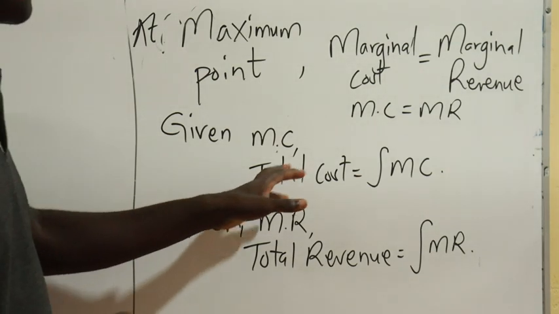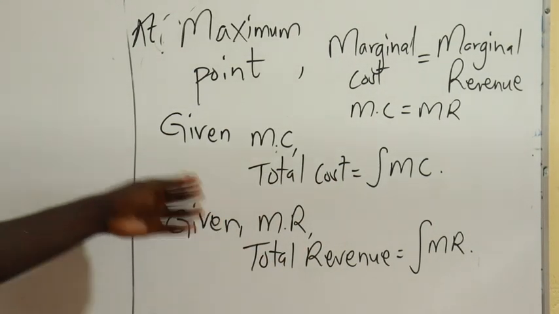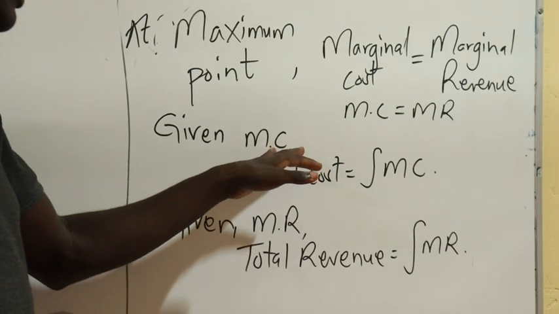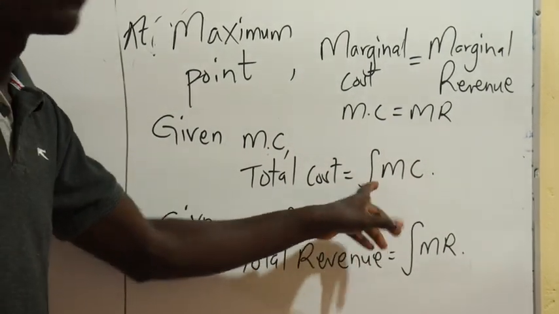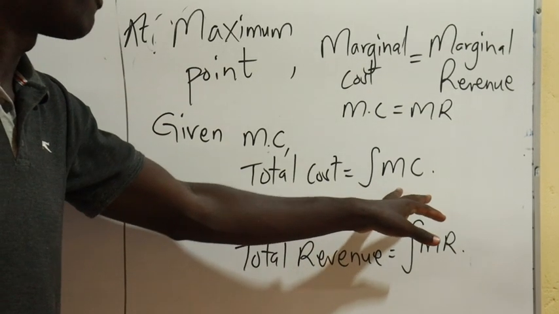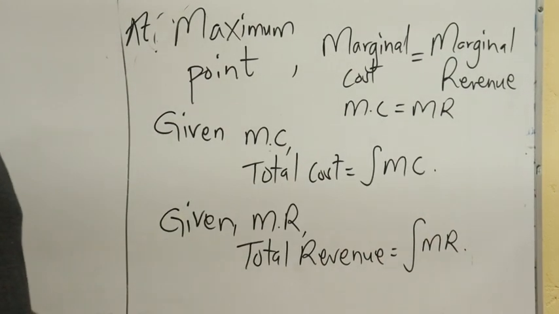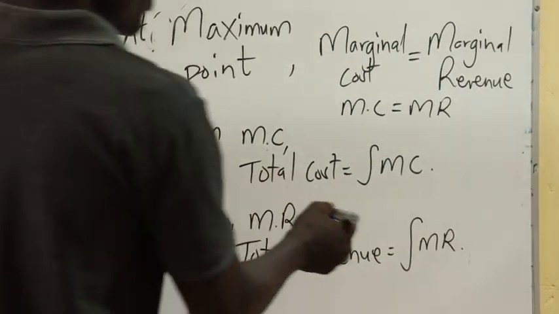Therefore, how then do we apply these two? Given marginal cost, if we want to get the total cost, we have to integrate that function, which is marginal cost. It simply means the opposite.